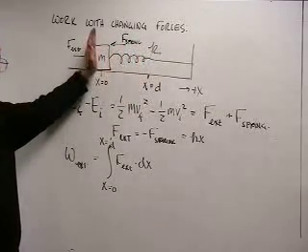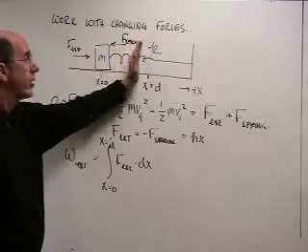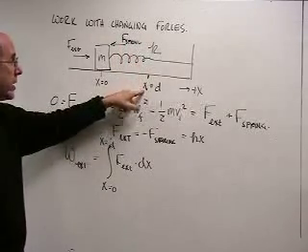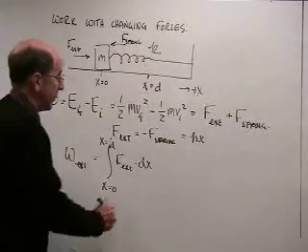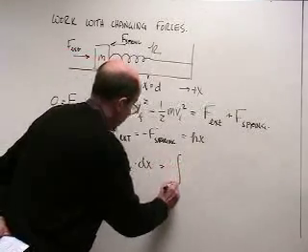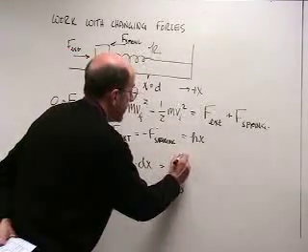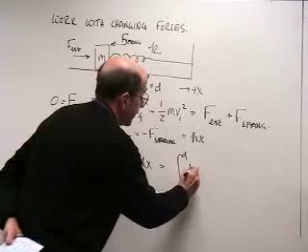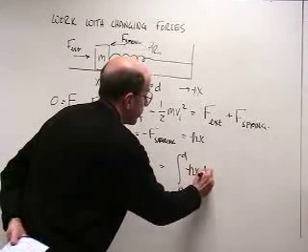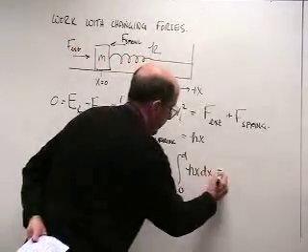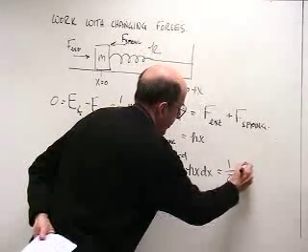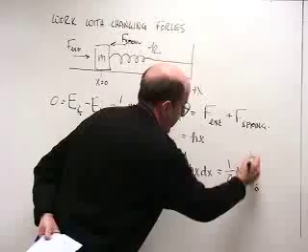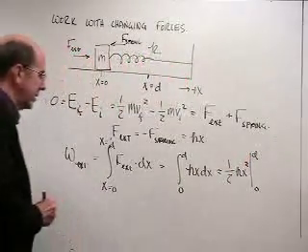It takes no force to get it started, and then the more I compress this, the greater the force I have to exert. It's going to go as kx. So this is equal to the integral from 0 to d of kx dx, and that's equal to 1/2 kx squared evaluated at 0 and d.